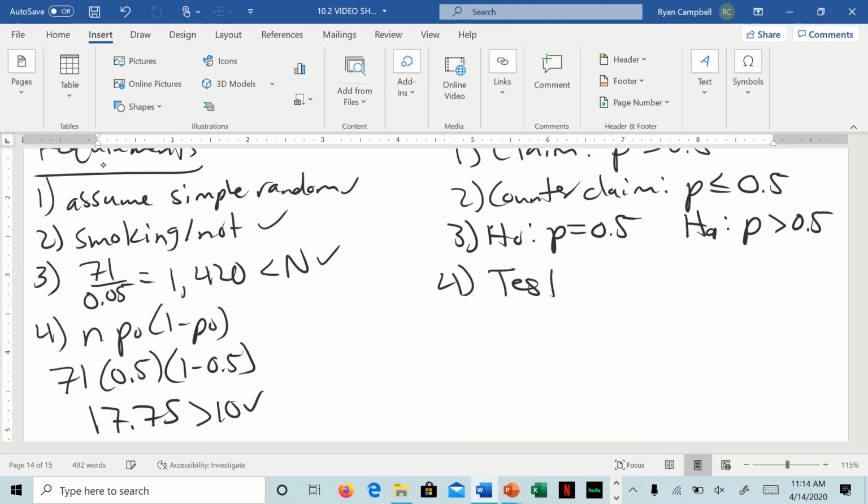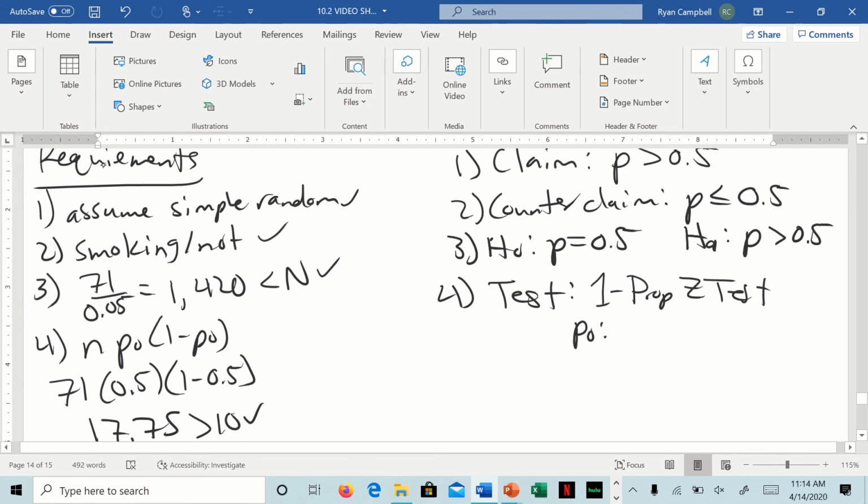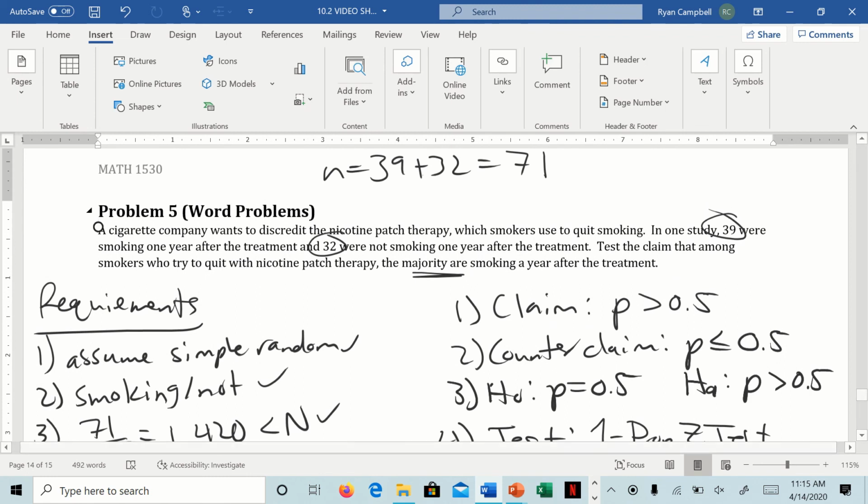Number 4, what kind of test are we doing? We're going to do a 1 prop z-test, because we're testing for a proportion. So P naught comes from H naught, 0.5. X is the number of successes. So it says the majority of people are smoking after treatment. So how many people were smoking after treatment?